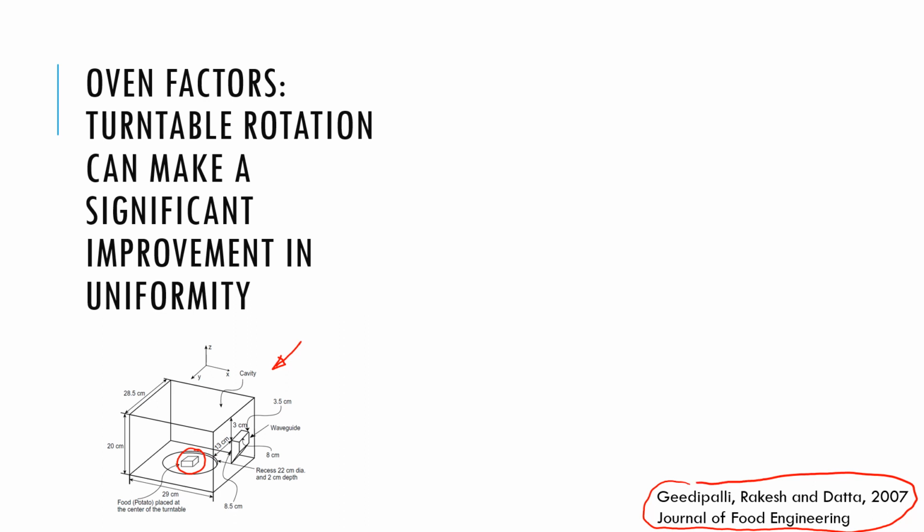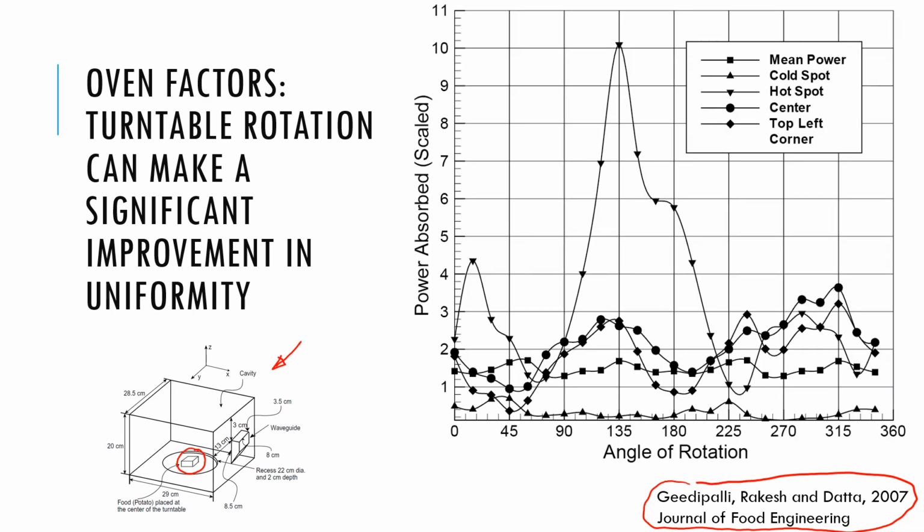We now see the results from this simulation. Here on the y-axis we have power absorbed, in watts per meter cubed, the power absorbed at any location inside the food, but it's not shown in watts per meter cubed. It is scaled by a value like the maximum value, and shown in a scale that makes it easier to see.